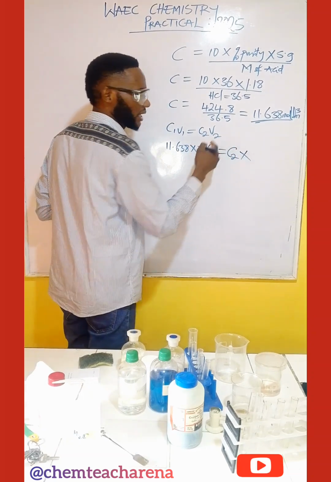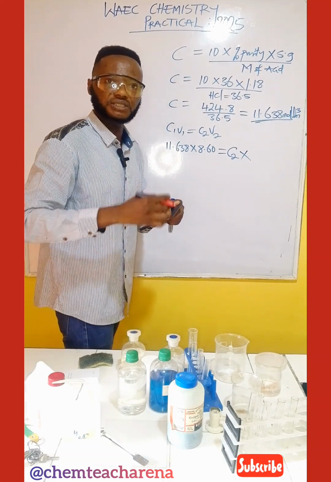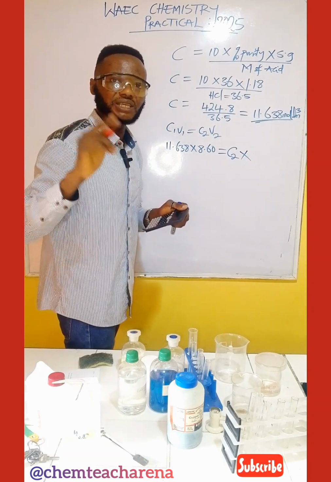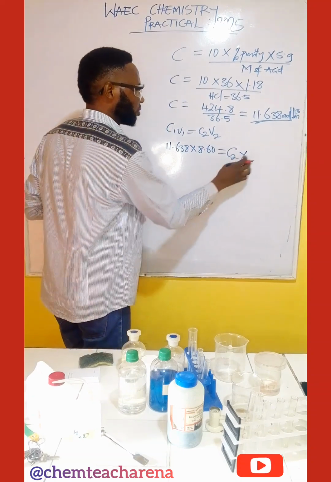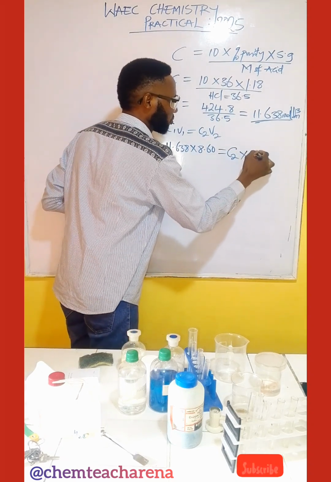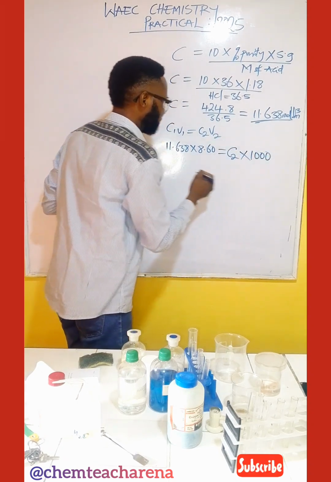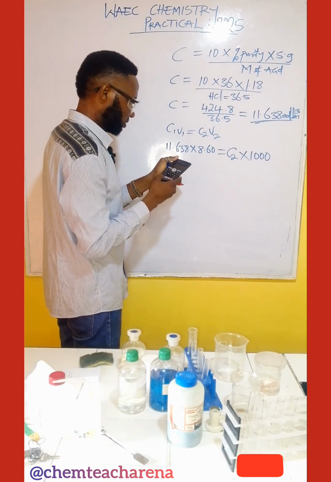Then times, we are going to dissolve it in our volumetric flask. That is a 1000 cm cube volumetric flask, or 1 dm cube, or 1 liter. So that 1000, that is okay. Let's quickly multiply this figure here times 8.6.